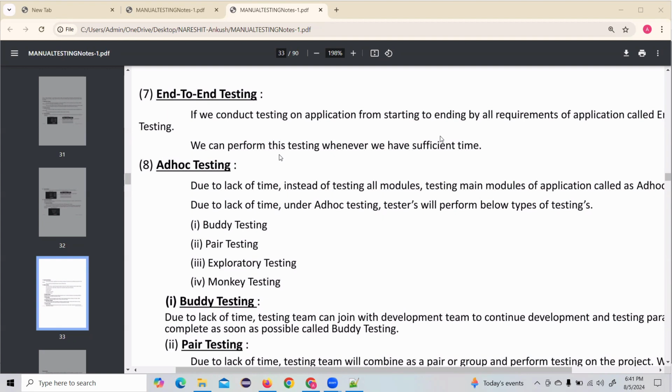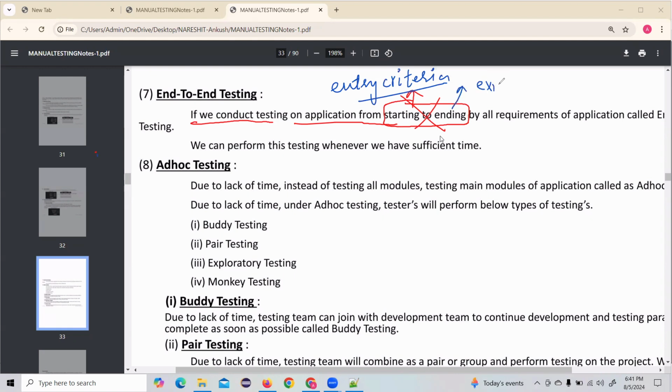Now, end to end testing. What is this end to end testing, sir? If we conduct testing on the application from the starting, actually, that is not the correct word. Starting means entry criteria. Very good.